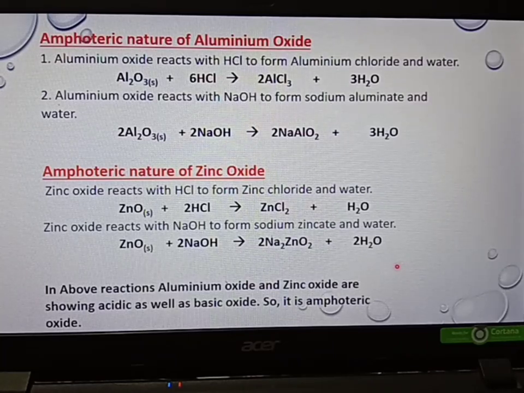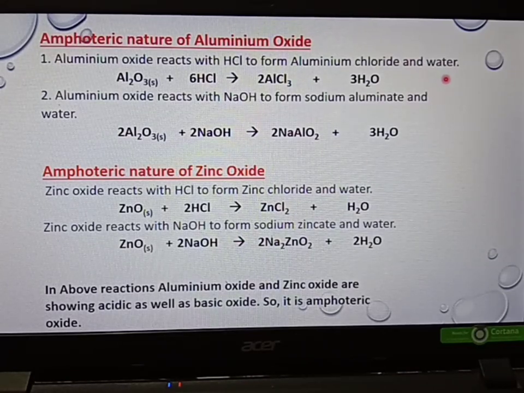Children, when a question is asked, prove that zinc oxide is amphoteric in nature, you need to give these two reactions. After the two reactions, you need to state that in these two reactions it is proved that zinc oxide reacts with acid and zinc oxide also reacts with base. That is why it is amphoteric.